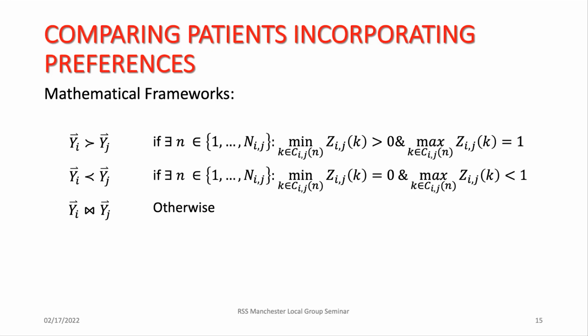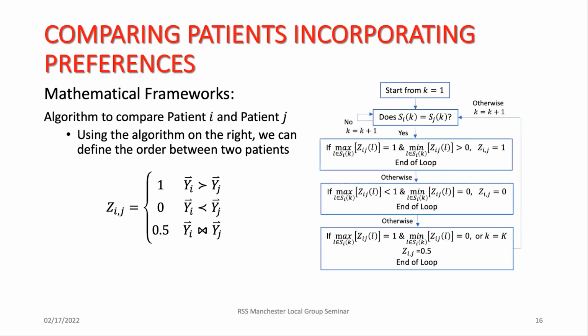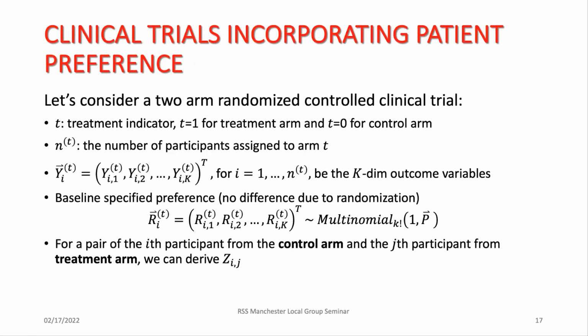So that's the basic mathematical framework. Algorithm-wise, you can do it iteratively, looking for the subset. Once you have a common set, you take the minimum and maximum of the Z to determine the results. Any questions so far?